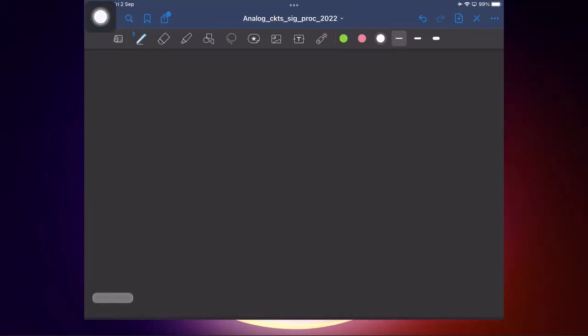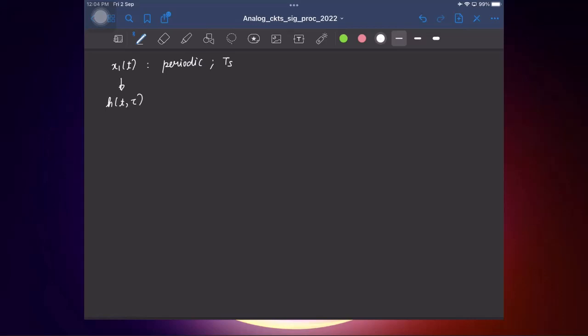Say I have a signal x1 of t. Let us say it is a periodic signal which is periodic with a time period Ts. Basically this x1 of t is a proxy for the impulse response of an LPTV system.